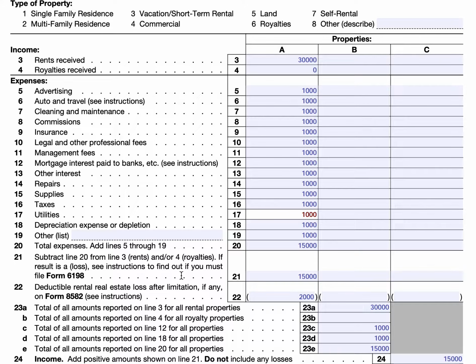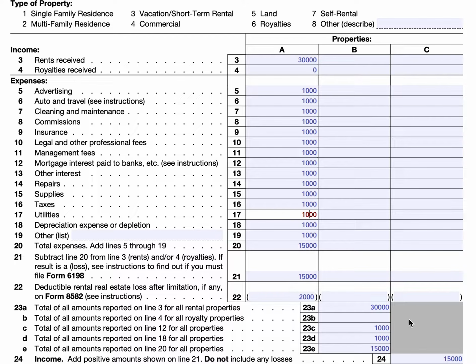In line 22, you'll enter any deductible rental real estate loss after limitations, which you would apply using IRS Form 8582, which is for passive activity loss limitations. So if you're limited by passive activity rules, then you would enter the allowable deduction here.